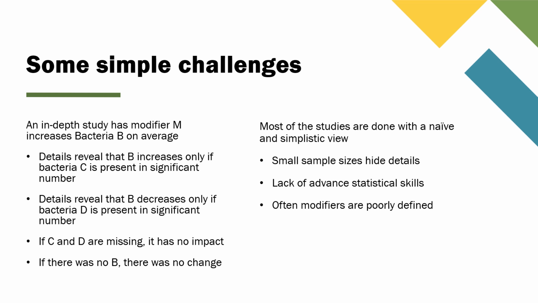Often modifiers are poorly defined. For example, decoctions, which are popular in China, are a boiled down mixture of from 3 to 15 different herbs, an extract boiled down into something people take as drops under the tongue.